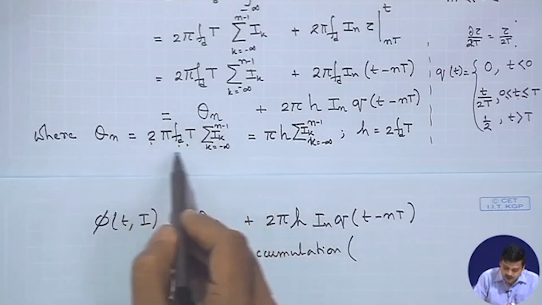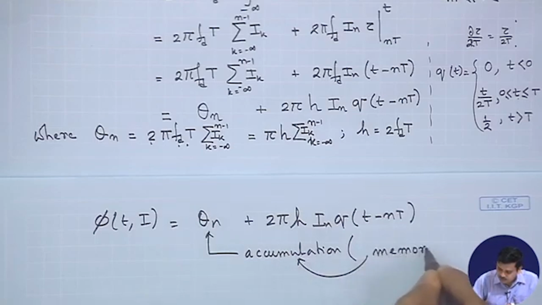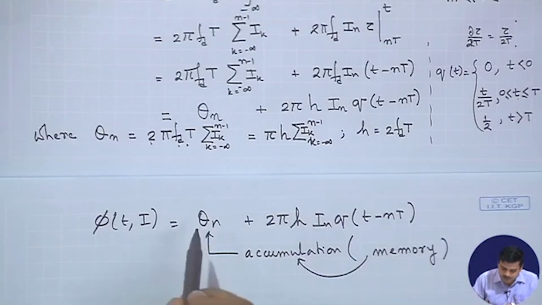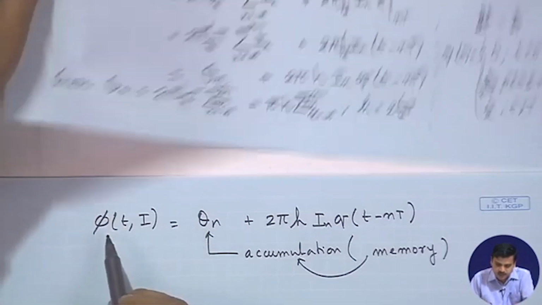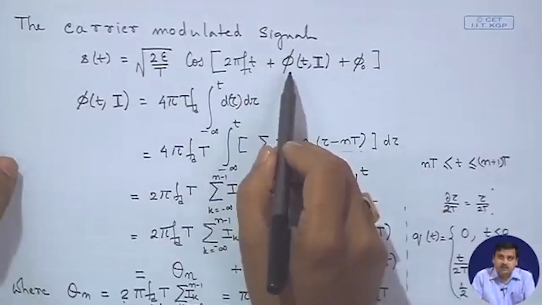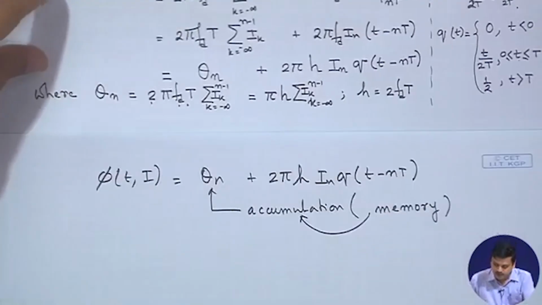The moment we have accumulation, you would call this accumulation memory, and this is phi, that is the phase, and this phase is present in the modulating signal. So, therefore, you can clearly see that we have introduced memory in the modulation, right.